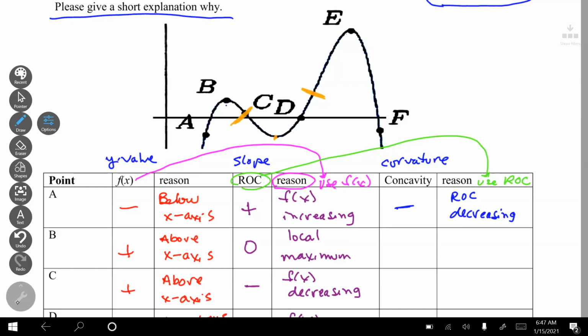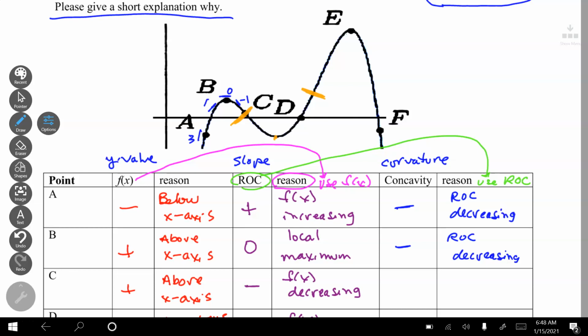Again, point B is negative. My ROC is decreasing. If you want to put numbers to this, maybe the slope here is 3, maybe right here it's 1, maybe right here it's 0, maybe right here it's -1. You could see in that part of the graph, those ROC values are trending down.